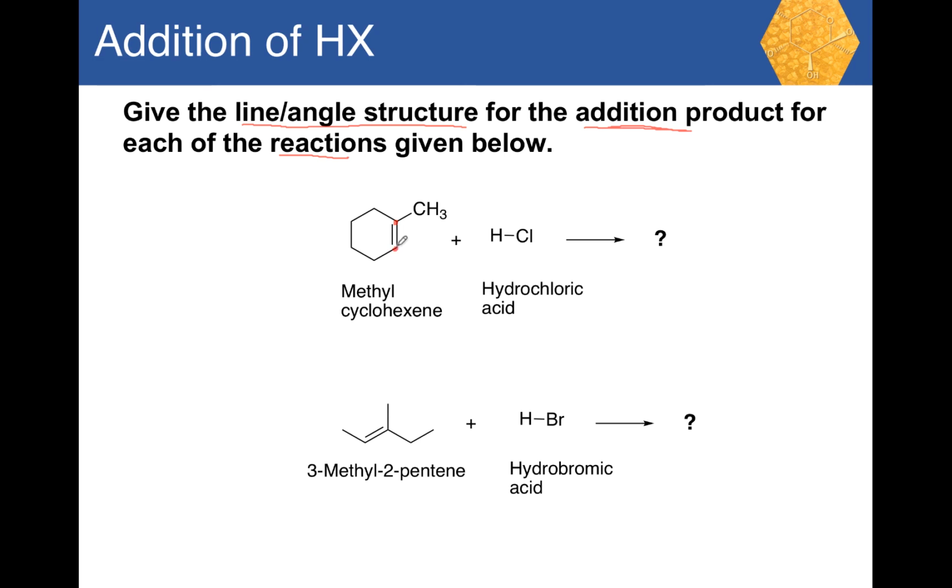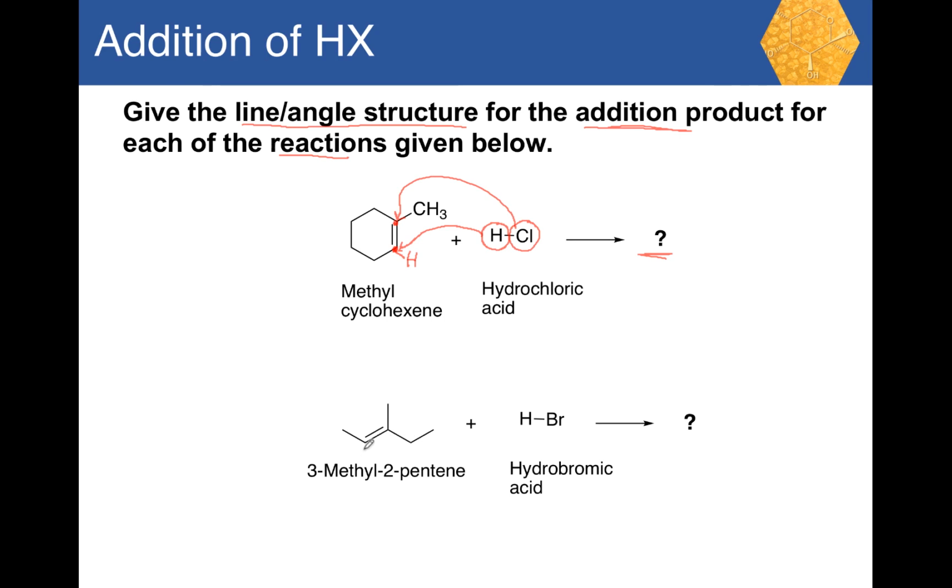Here's another carbon off the double bond. So this has just one hydrogen, and this carbon has none. So this is the carbon with the most hydrogens. Here is HCl, so we'd expect this H to add to that carbon, and this Cl to add to this carbon to give us the product. The product is shown on the next slide.